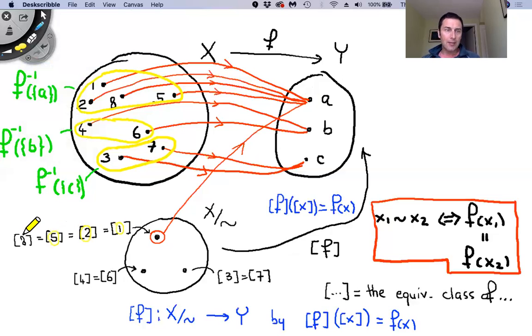But luckily, by construction, 1, 2, 8, and 5 are precisely all the elements that go to A. Okay? So regardless of what x you use to decide where this dot down here should go, you're always going to end up at A, at the letter A. Okay.